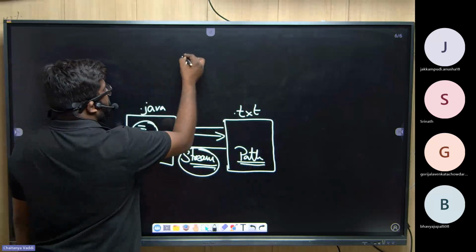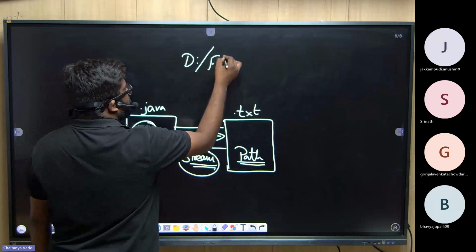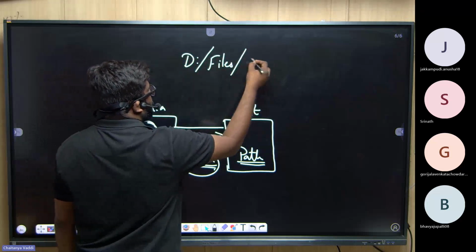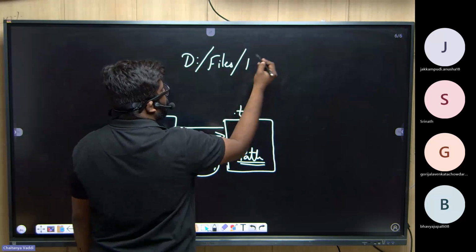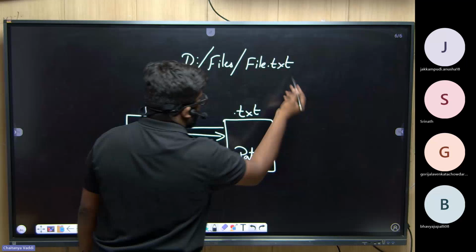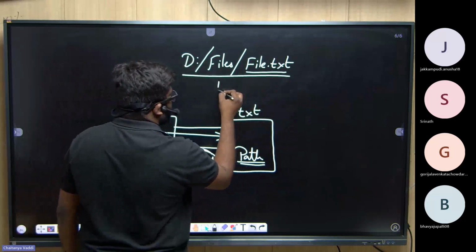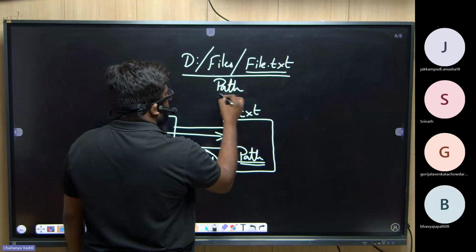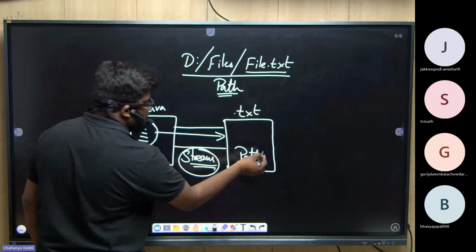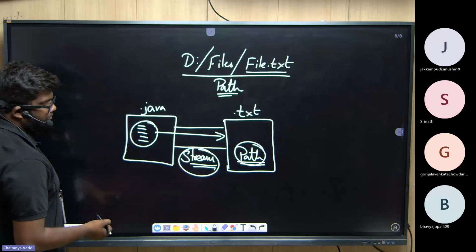Meaning if this file is located in D, and let's say files, and let's say you have a file like file.txt. Let's say this is the address. This is the file where I want the data to be stored. This entire thing is considered as the path of that specific file. And we have to use that path in order to connect the stream to that external file, right?